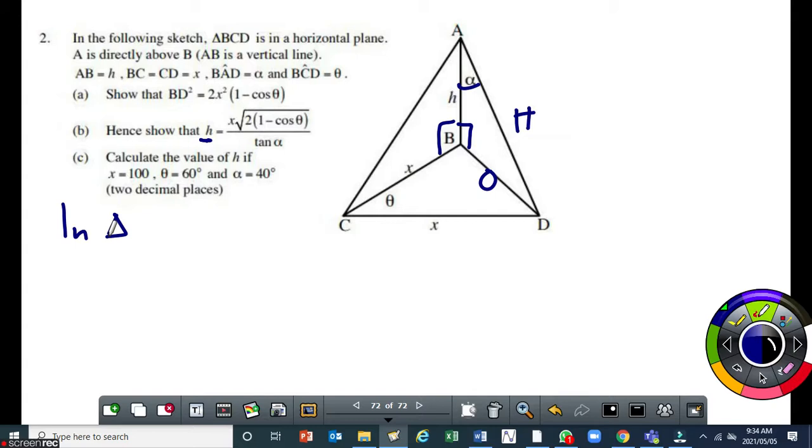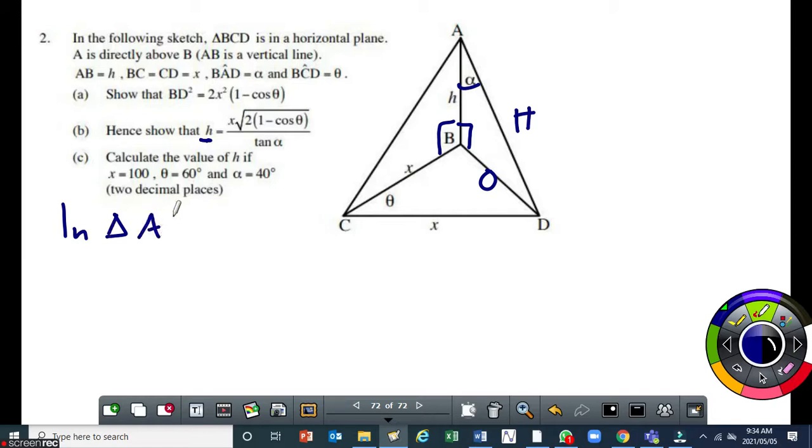Yeah, it's better to use ABC because BD, I've got it from there. So I can carry on by using ABD, because this 1 minus cos theta I got from part A of the question. So I have to carry on and use triangle ABD.